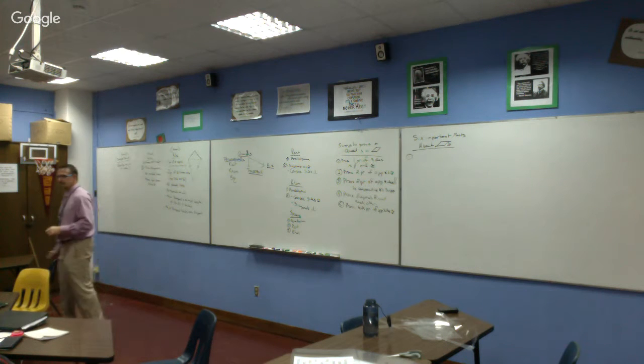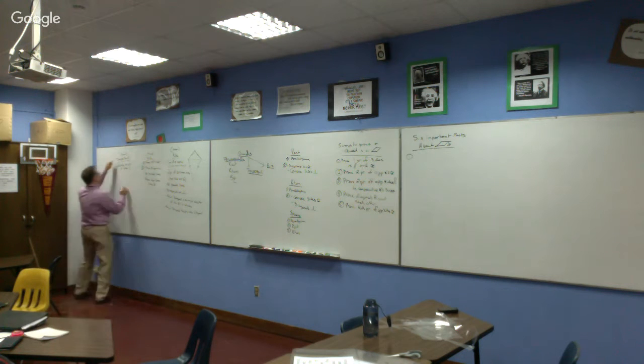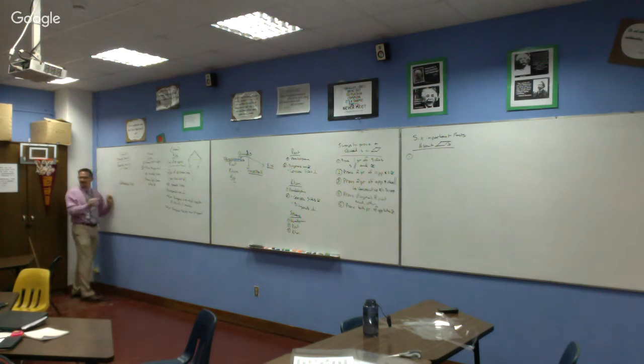Isosceles trapezoid. Because these sides are, what are those sides called? Legs. Legs. Okay. So we not only know a trapezoid, we also have isosceles trapezoid.